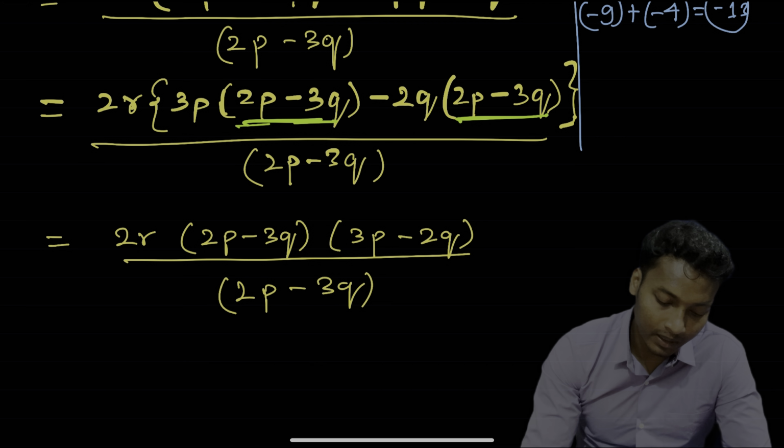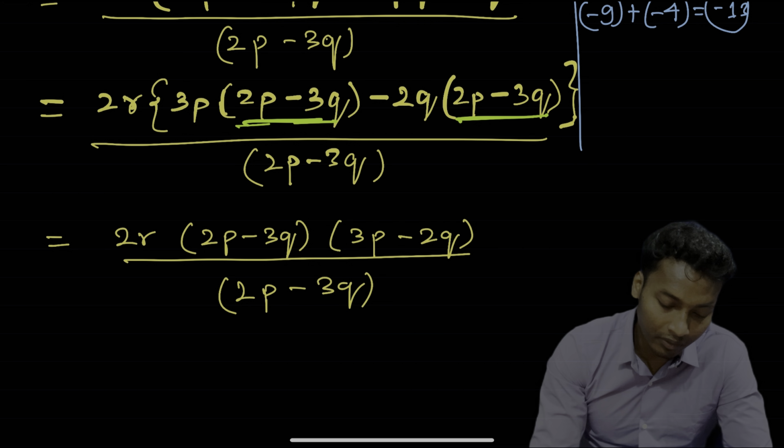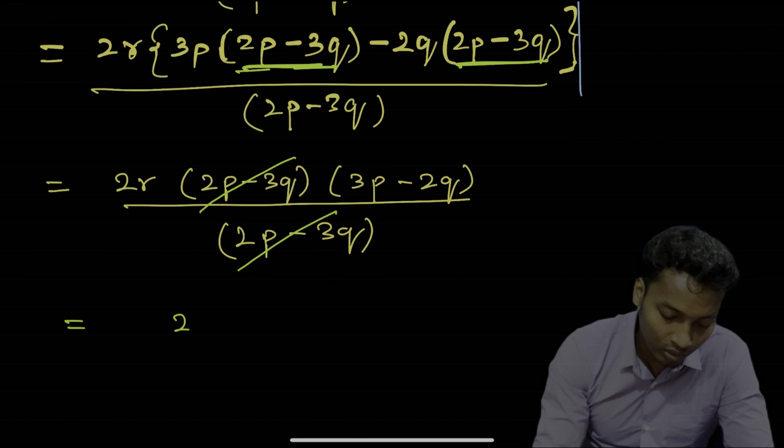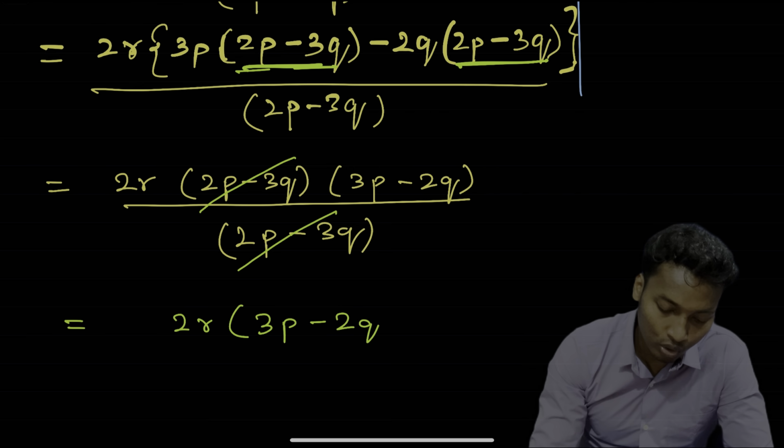So we have the same factors in the numerator and denominator, so we can get rid of (2p - 3q) and (2p - 3q), and we'll be left with 2r into (3p - 2q).